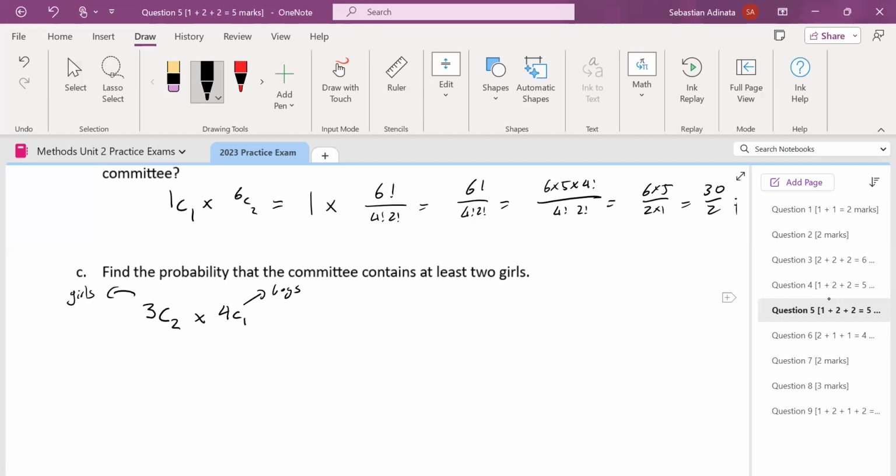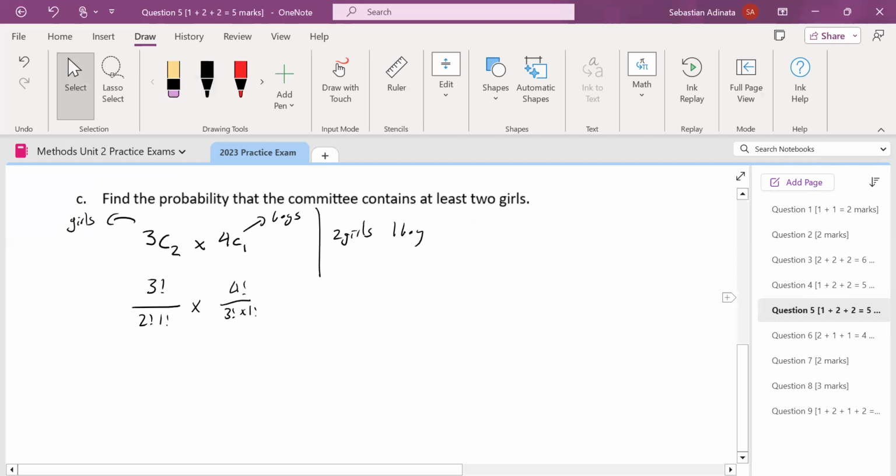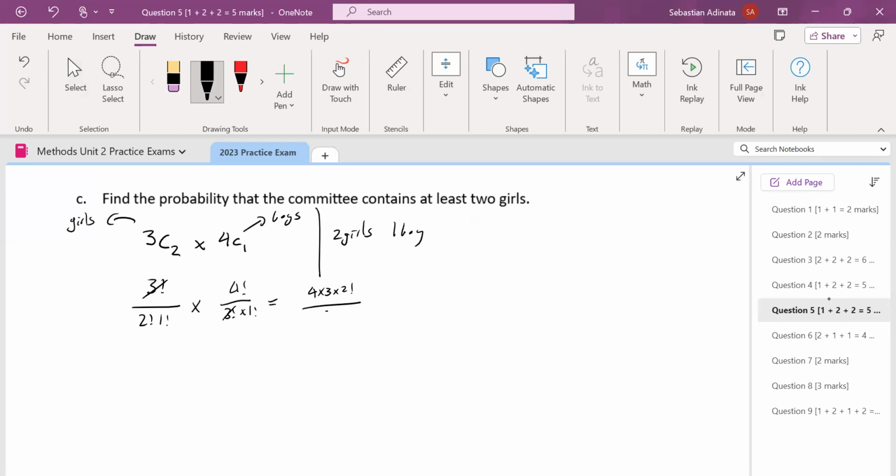So this is figuring out 2 girls, 1 boy. The answer would become 3 factorial over this. Good. And clearly these cancel out. So then this would become 4 times 3, 2 factorial on 2 factorial, equals 12. So this is the combination of 2 girls, 1 boy.